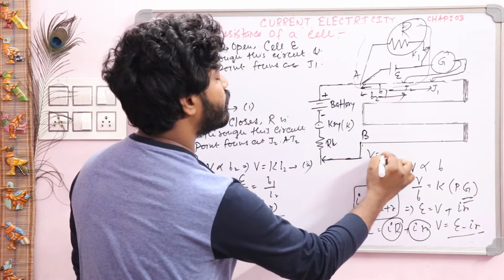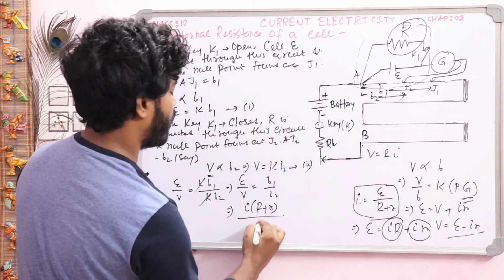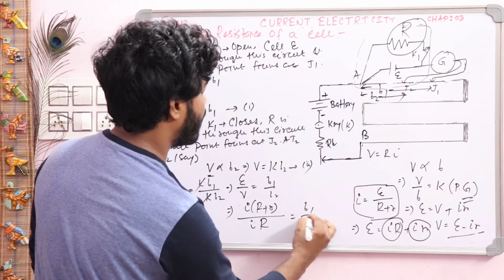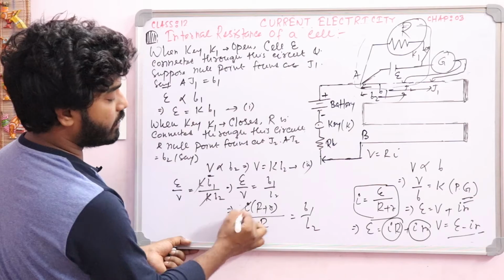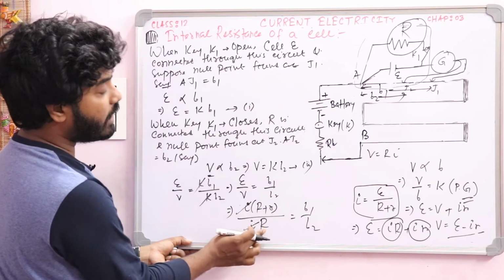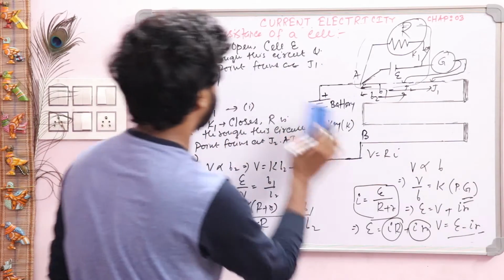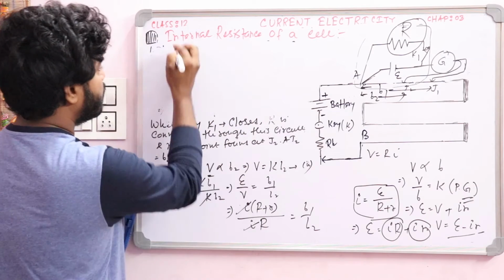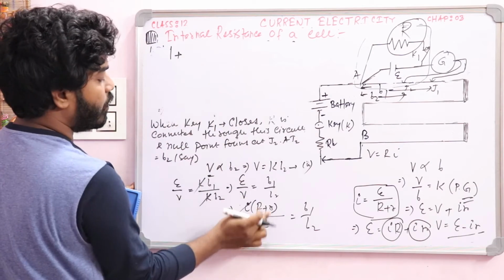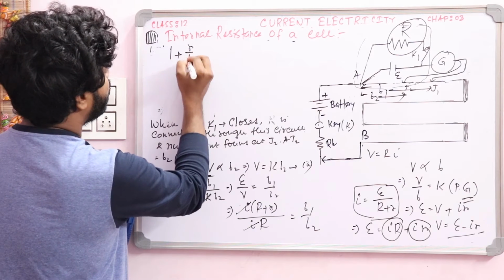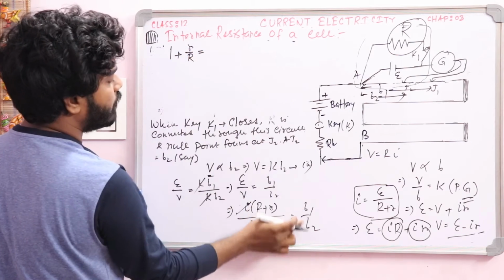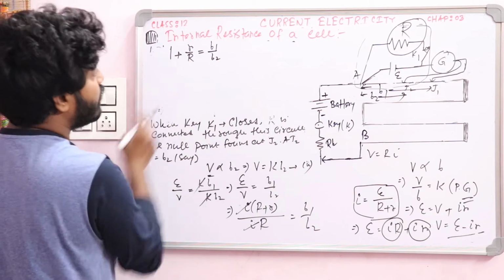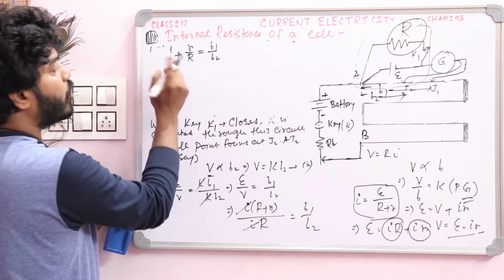According to Ohm's law, V equal to R into I. So I into R plus r divided by I into R is equal to L1 by L2. I cancels out. R plus small r divided by R. By simplifying we can write R by R, that is 1, plus small r by capital R is equal to L1 by L2, and we have to find out the internal resistance, that is small r.